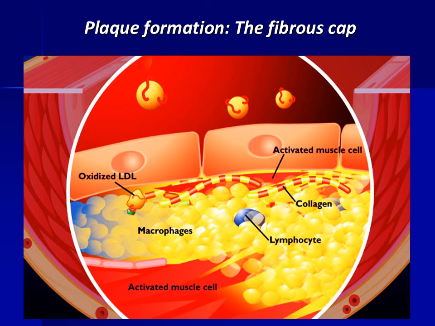Plaque formation, the fibrous cap. The growing fatty streak eventually forms the lipid core, which becomes isolated by progressive formation of the fibrous cap. The fibrous cap contains collagen, proteoglycans, and activated smooth muscle cells. The sturdier the cap, the less likelihood there is of plaque rupture.